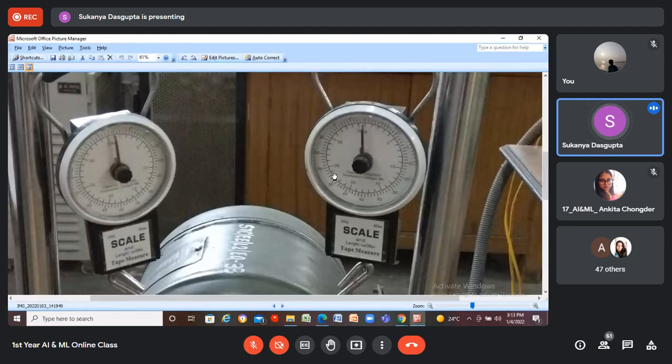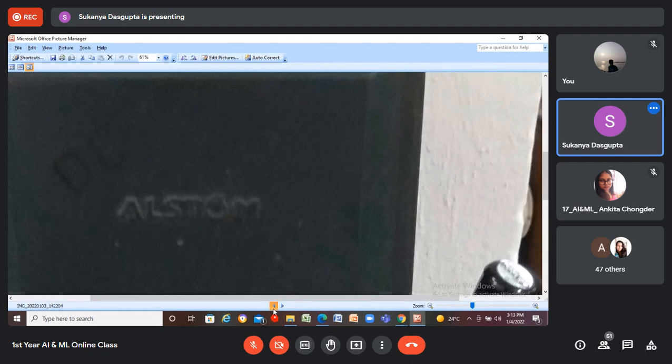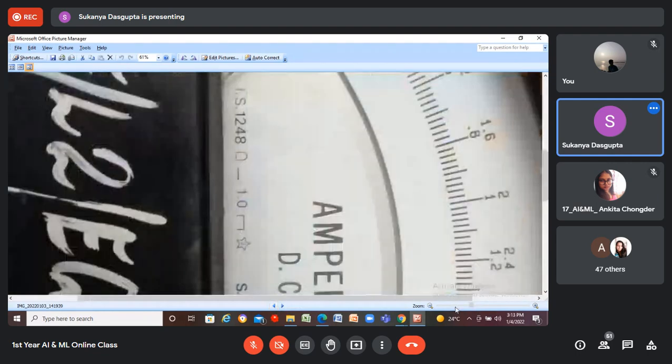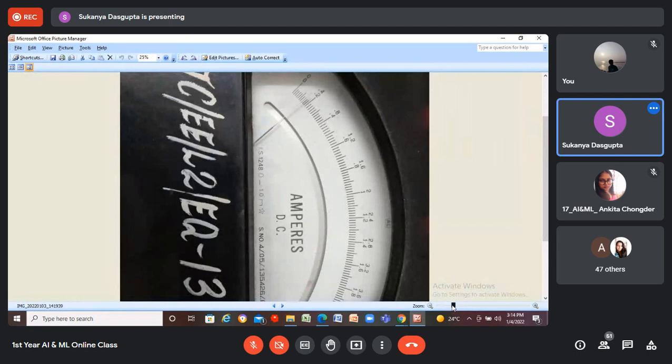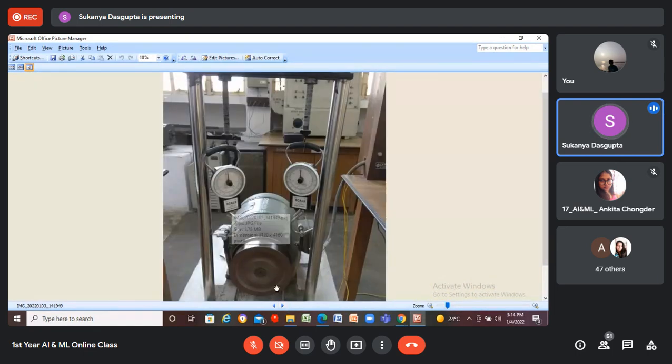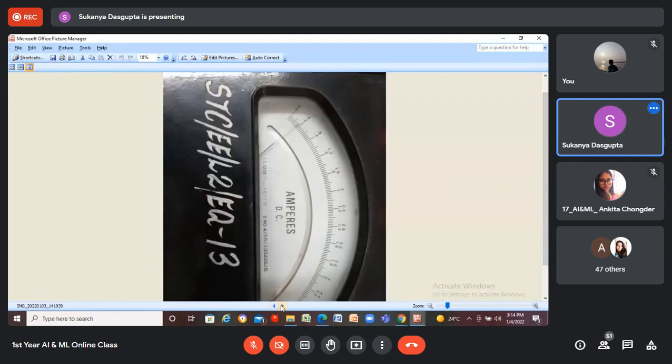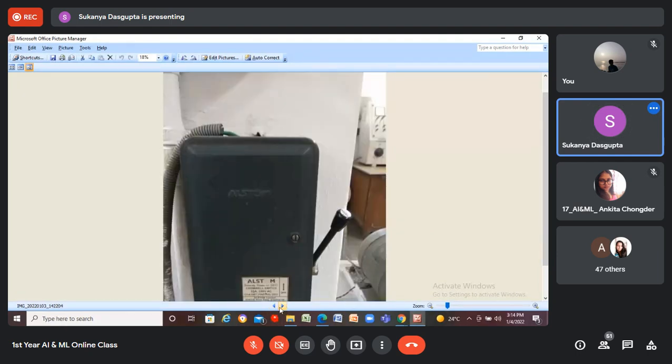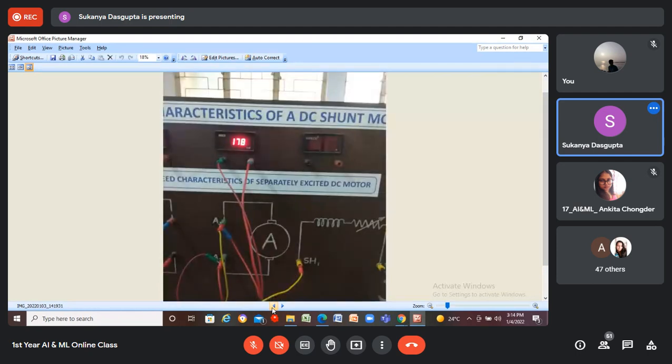So when no load is applied to this motor, armature voltage is around 178 volt.